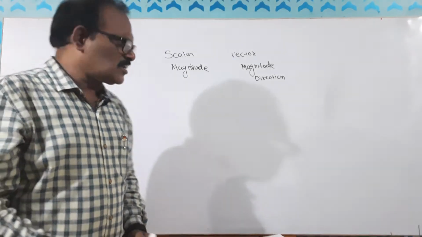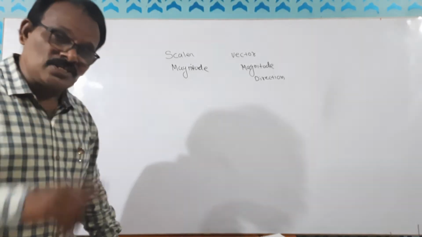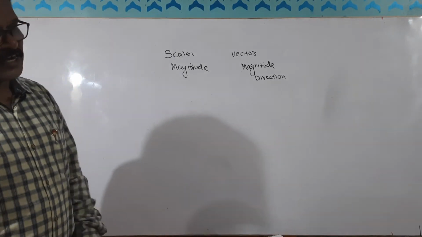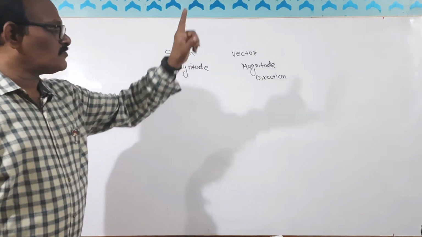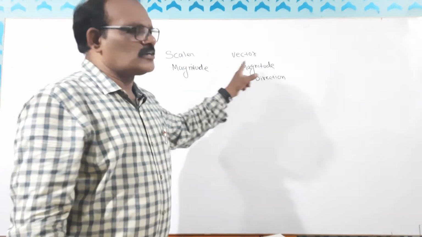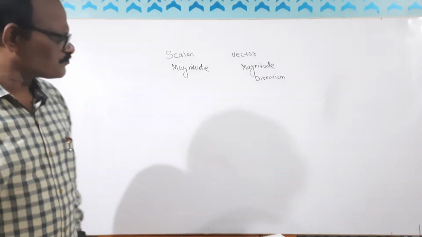So the first case is a scalar: a quantity which has only magnitude is called a scalar quantity, and a vector quantity is the quantity in which we have both magnitude as well as direction. Is it clear?